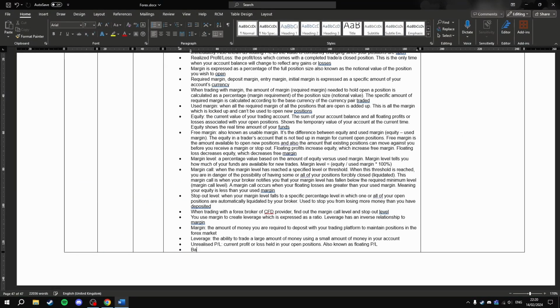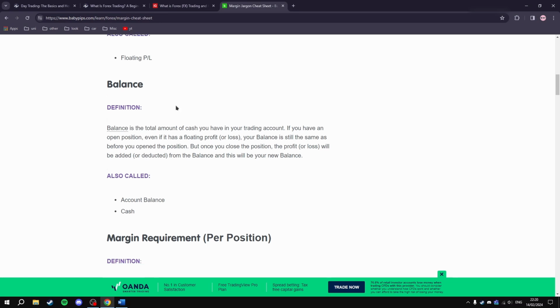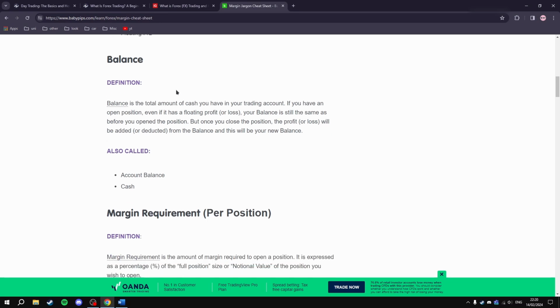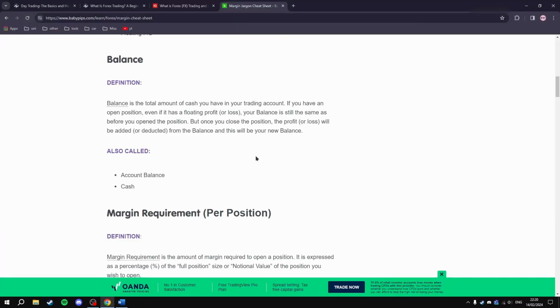Balance. Total amount of cash you have in your trading account. If you have an open position, even if it has a floating profit or loss, your balance is still the same as before you opened the position.